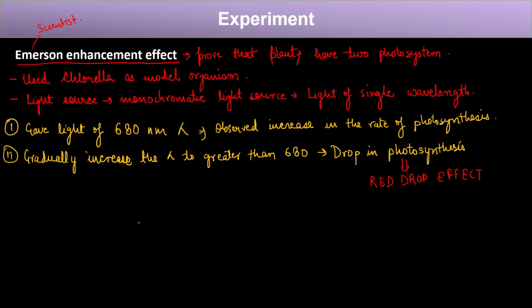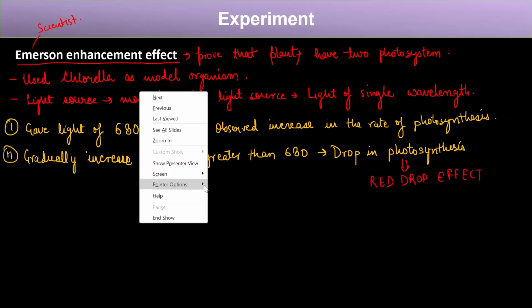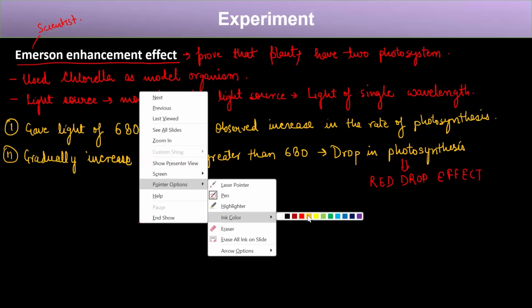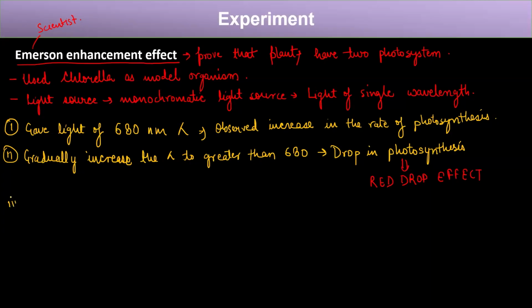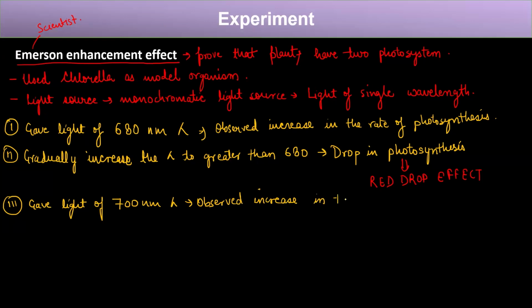Okay, now he performed the third set of experiments, where he gave light of wavelength 700 nm. Again he observed an increase in photosynthesis.